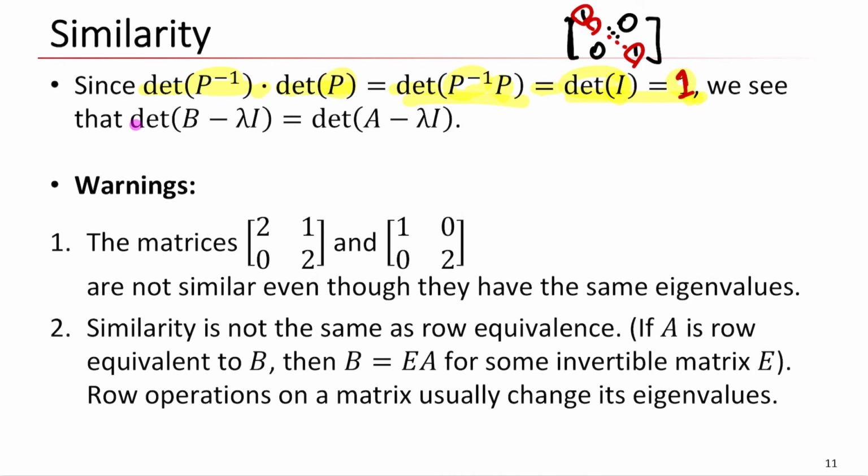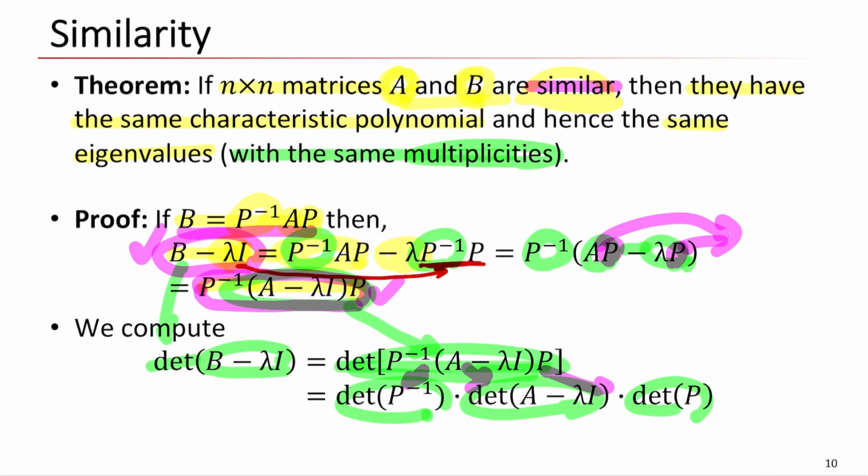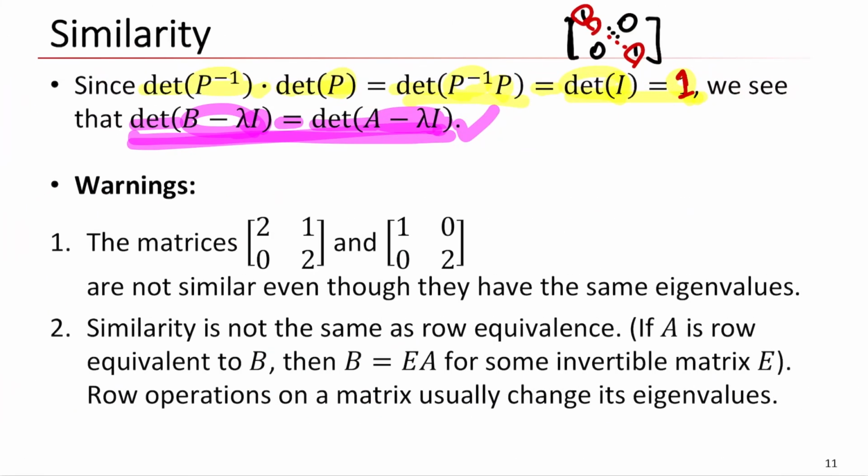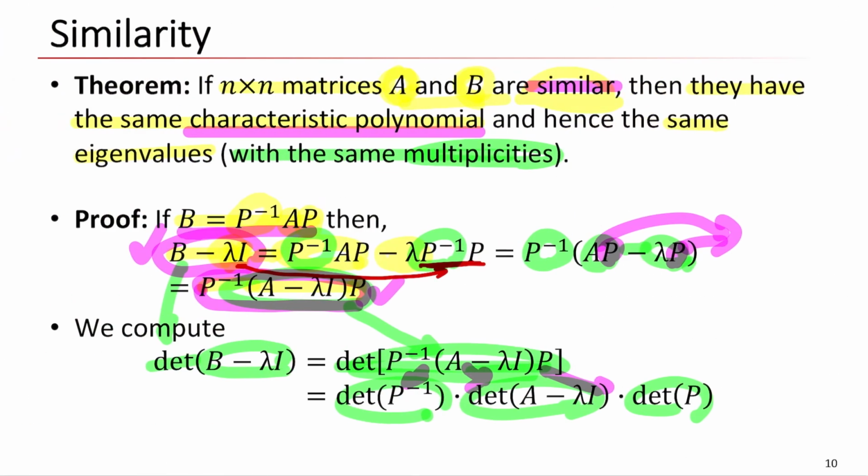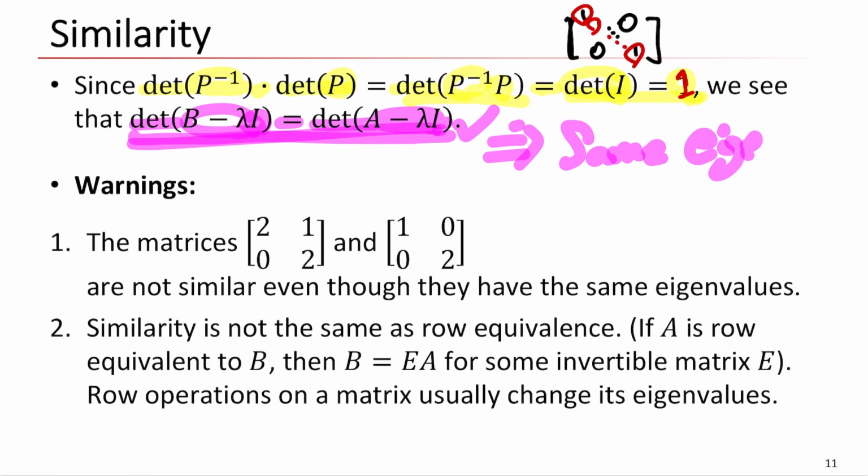So in other words, the determinant of B minus lambda I is equal to the determinant of A minus lambda I. As you can see, the characteristic polynomials of matrix A and matrix B are the same, so they have the same eigenvalues.